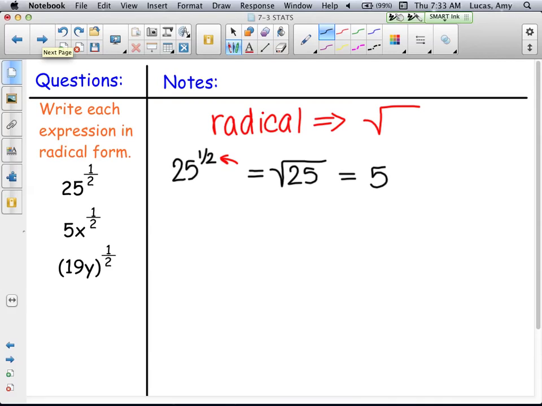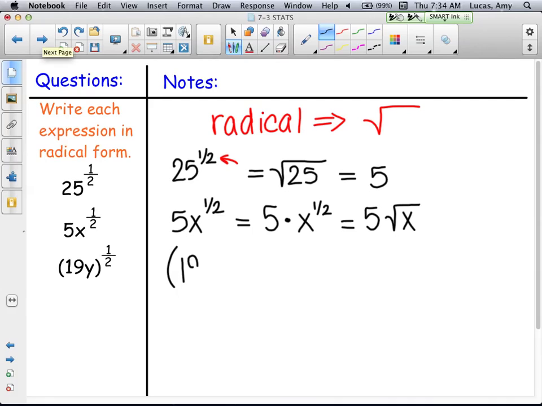The next one, 5x to the 1/2 power, I want you to remember is the same as 5 times x to the 1/2 power. That's really important to recognize, because the 5 is separate from the x to the 1/2 power. So the only part that's going under the square root is the letter x, not the 5.